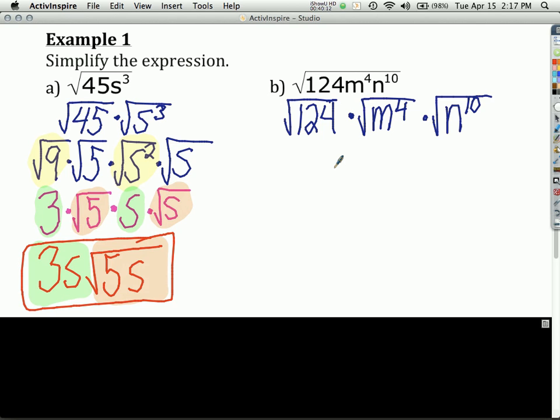Like, is it divisible by 9? Is it divisible by 16? Is it divisible by 25? Okay, 62 is a bigger factor, but it's not a perfect square. 2 is not a perfect square either, but you're right. 62 times 2 will equal 124. But we want a perfect square factor, so this is the only pair that helps.